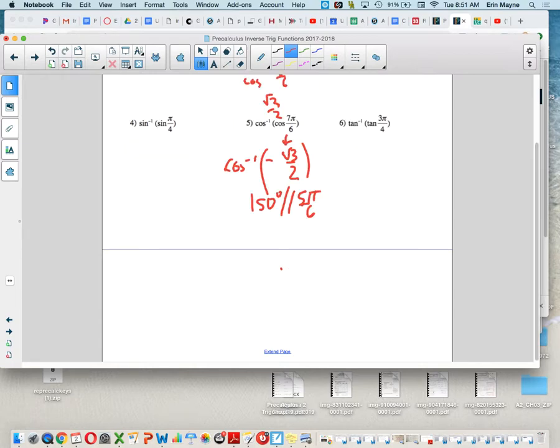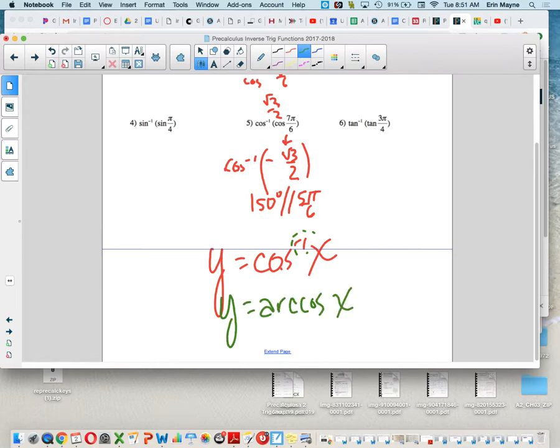When I talk about the idea of y equals inverse cosine of x, someone came along and said, hey, I think we might need a better notation that does not include this exponent. So they replaced it with what we call arc cosine. This idea of arc is replacing that notation for the -1.